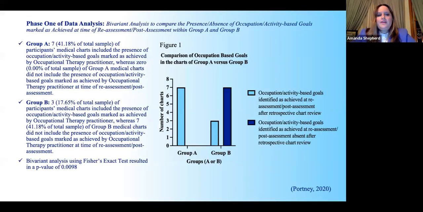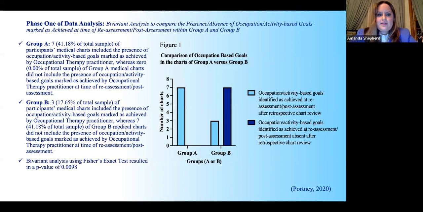So we're in phase 1 of data analysis here. If I can draw your eyes to figure 1, we're going to be looking at that first categorical variable I had discussed: the comparison of occupation-based goals in the charts of Group A versus Group B. You can see Group A and Group B at the bottom and the numbers of charts on the side, but I want to draw your eyes to the light blue bar.